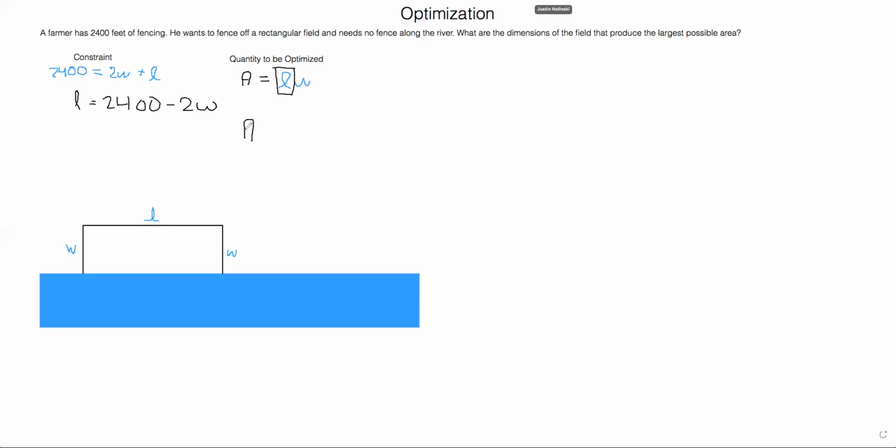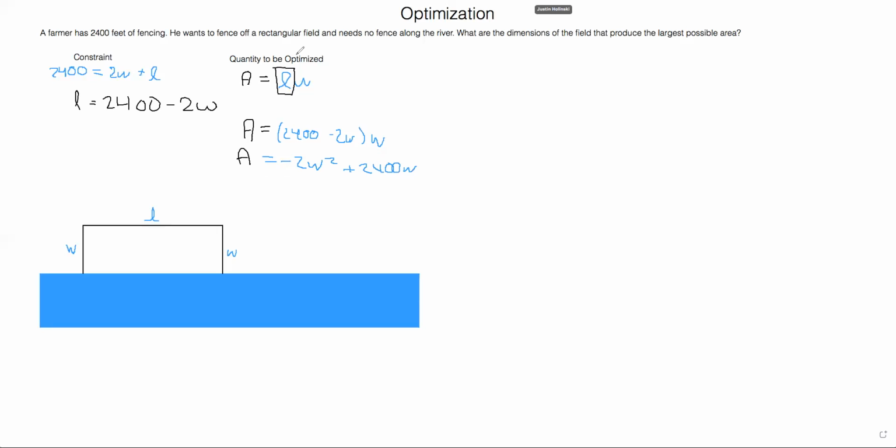I'll start off with A equals and then finish it off. You want me to expand? We're going to need to expand it in order to take the derivative most efficiently. Perfect.